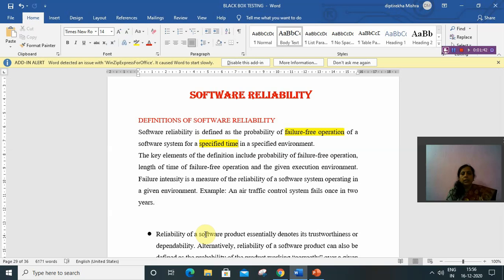And failure intensity is a measure of the reliability of a software system operating in a given environment. So how the software is running in a specific environment in a specific time period, that is the software reliability. For example, an air traffic control system fails once in 2 years. So this is the software reliability of the traffic control software.